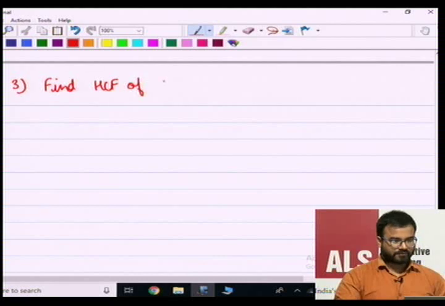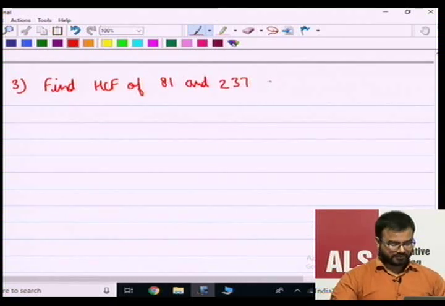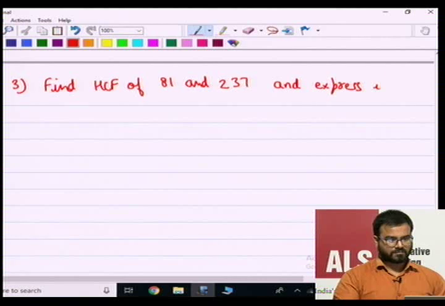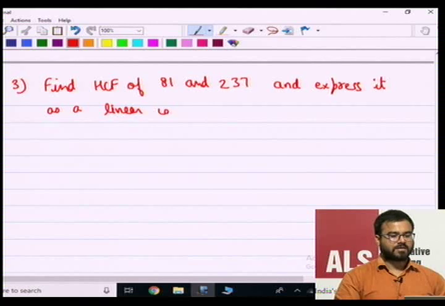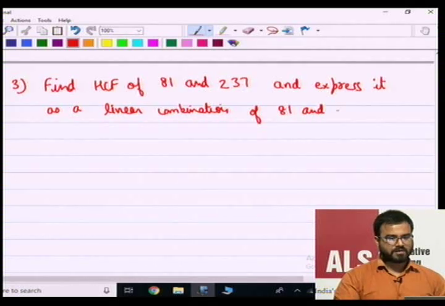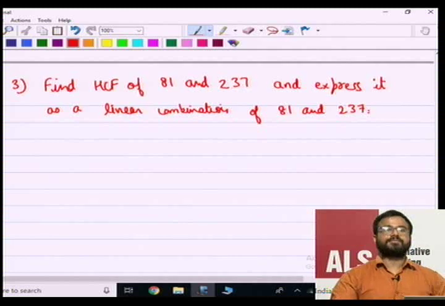Find HCF of 81 and 237 and express it as a linear combination of 81 and 237.